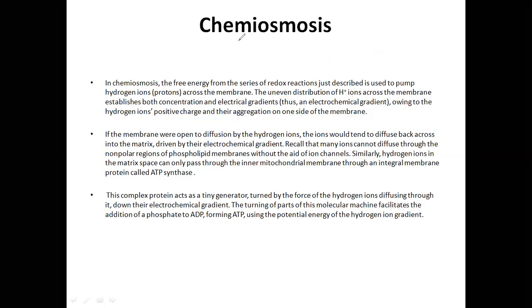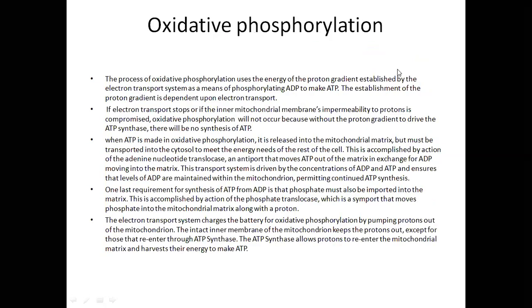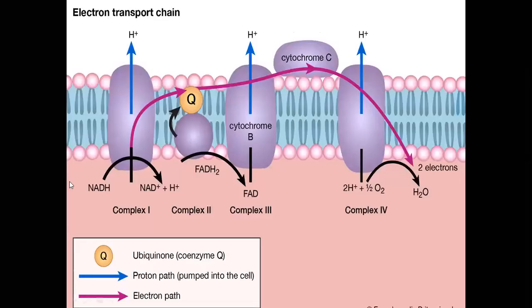For example, we'll go to the previous slide. If you see here, the electron transport chain: when the NADH molecule is oxidized and releases electrons, the electrons travel from complex 1 to quinone, to complex 3 and through cytochrome c, and this was the path of the electrons to complex 4, where they are donated to oxygen.